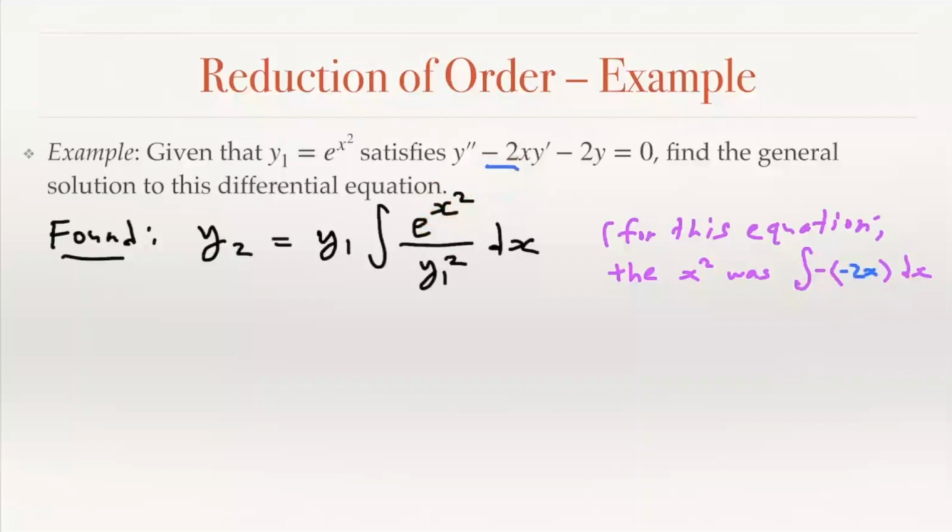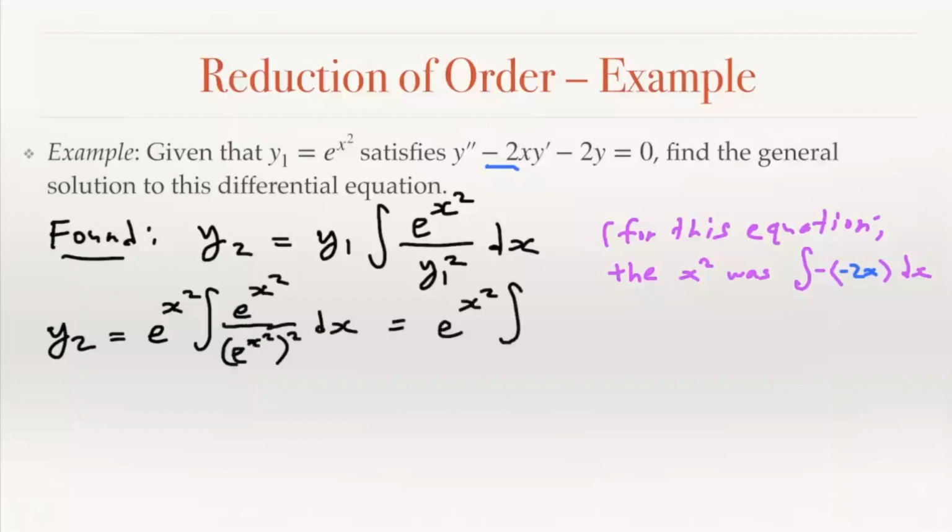Integral of that is x squared. Okay, and y2 is thus e to the x squared times the integral of e to the x squared over e to the x squared squared dx. Using exponential laws, that is e to the negative x squared dx.